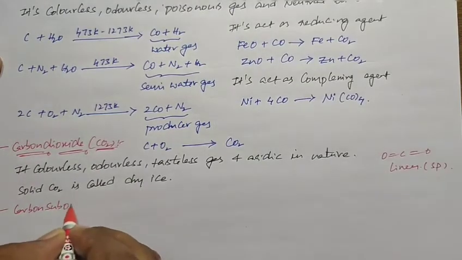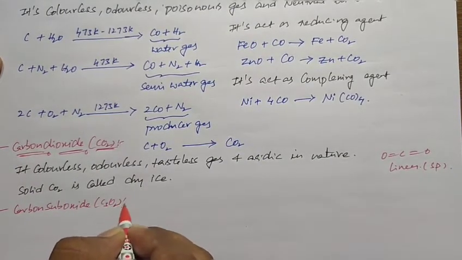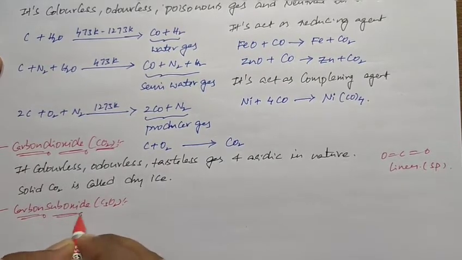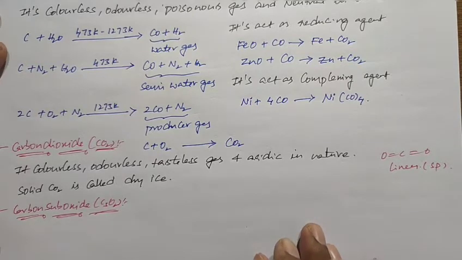Carbon suboxide is formed as C3O2. Carbon suboxide can be prepared from malonic acid. When malonic acid undergoes dehydration, it can form carbon suboxide.